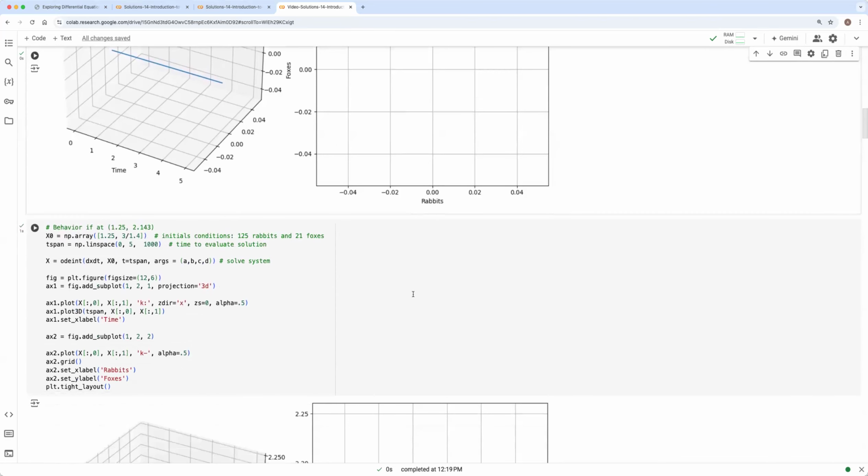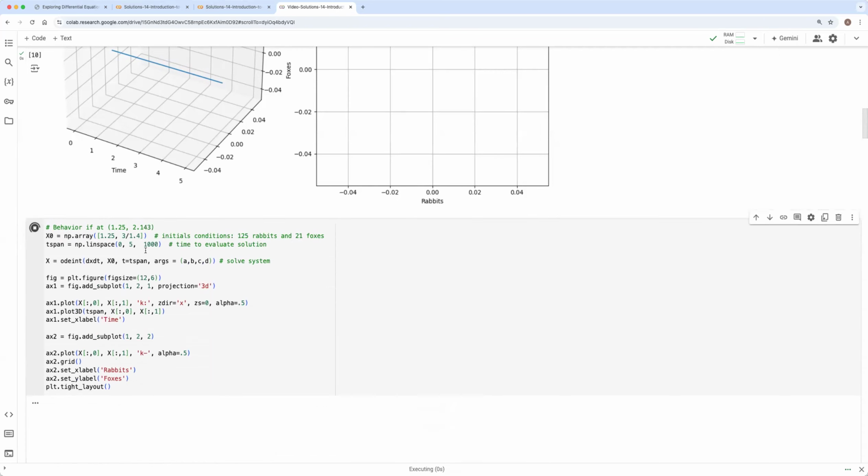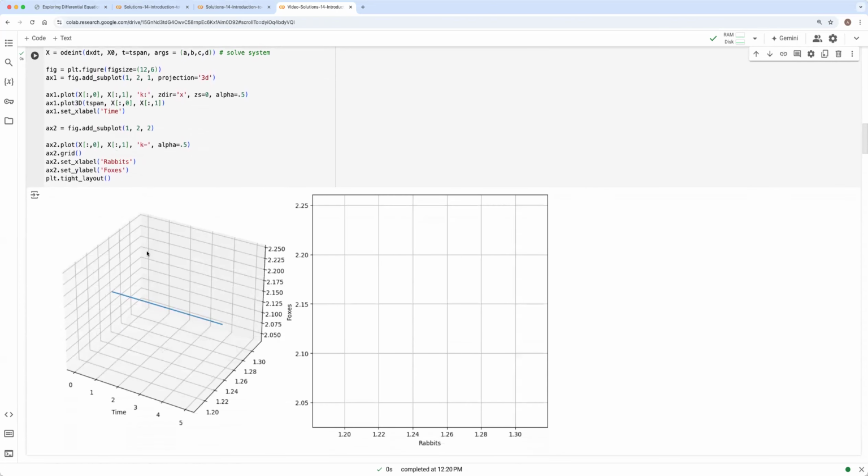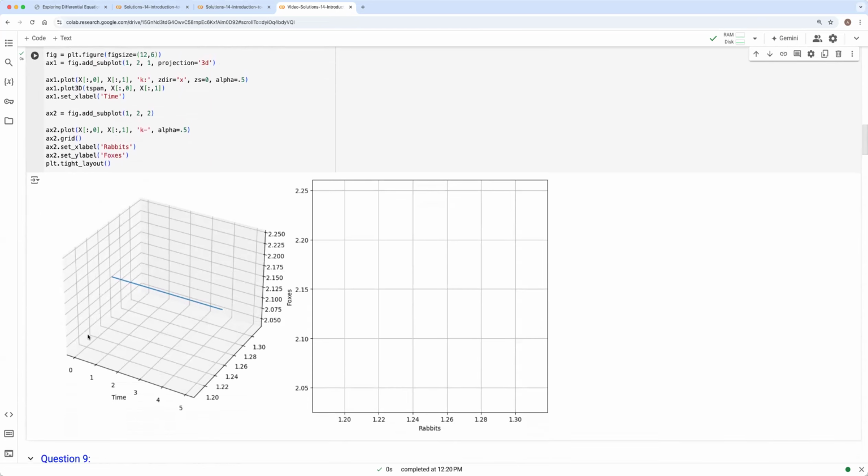And if we plug in the other equilibrium, which was at R equal to 1.25, F equal to 2.143, and I create a similar plot, we get a similar story, just at a different point in the phase plane. Looking at this in three-dimensional space, when we vary time, we're just getting a line because the rabbit population is holding constant, the fox population is holding constant.